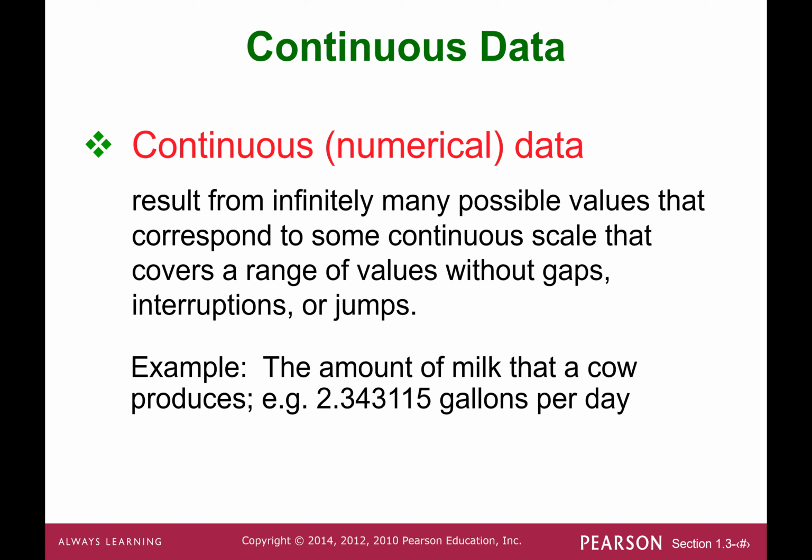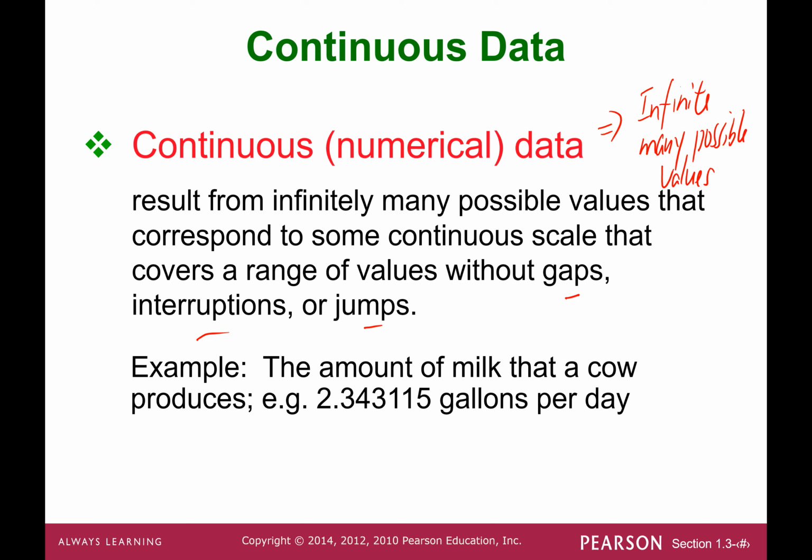And continuous data results from infinitely many possible values that correspond to some continuous scale that covers a range of values without gaps, interruptions, or jumps. Very important: continuous data has infinitely many possible values, and all the values in a given interval are possible.